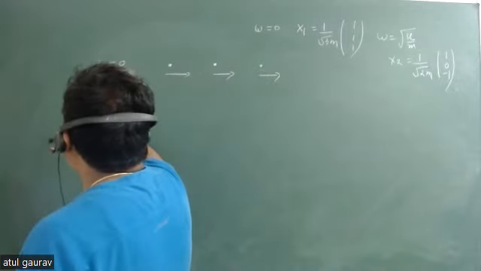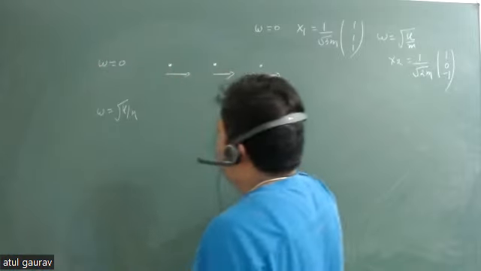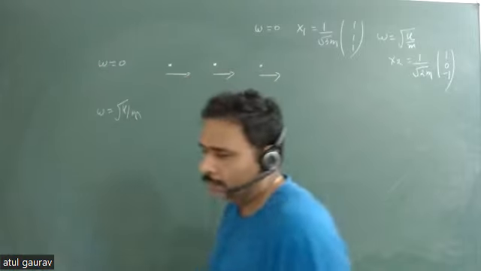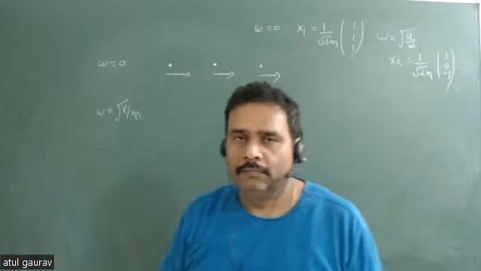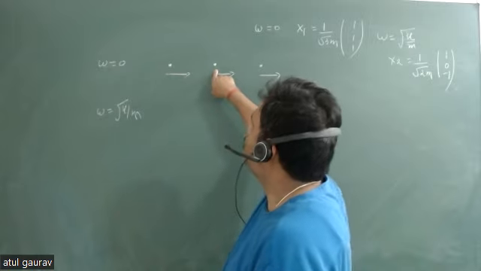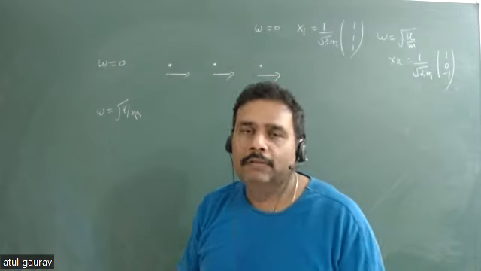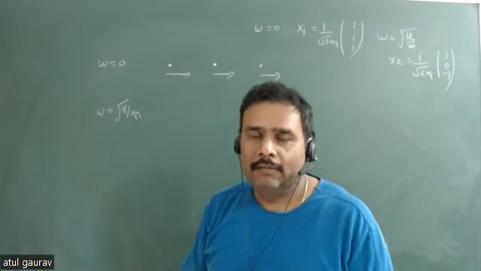What about omega is equal to root k upon m? So this is one independent motion. Sir, can you repeat the omega equal to 0? When this particle is moving 1 unit, this is also moving 1 unit towards right, and this is also moving 1 unit towards right.